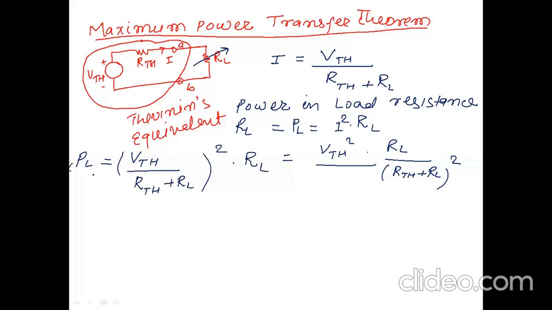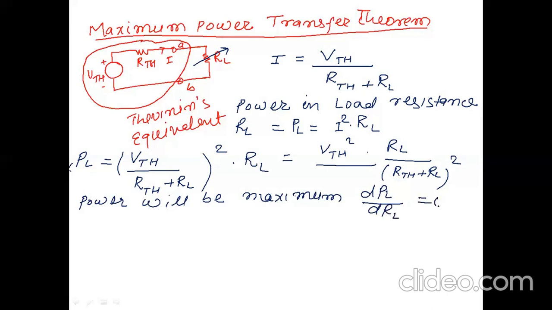As we know from the very fundamental rule of differentiation, power will be maximum if dPL by dRL is equal to 0.